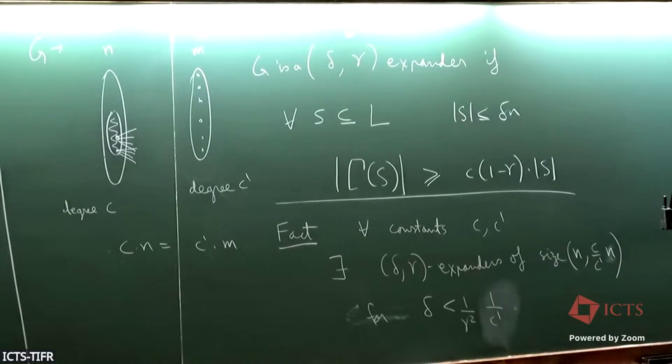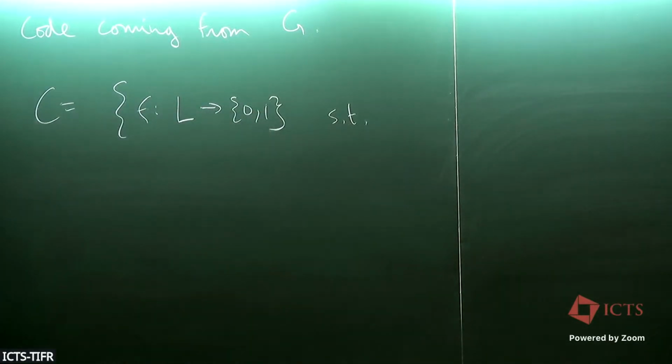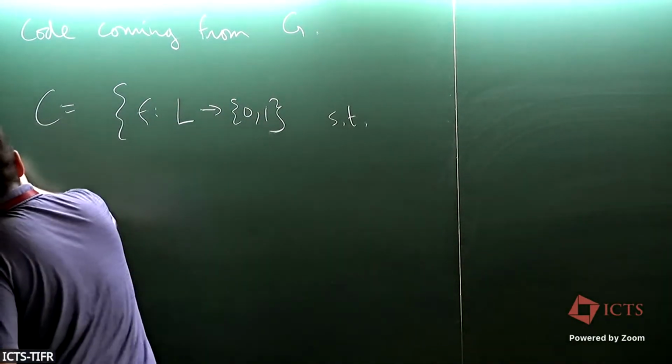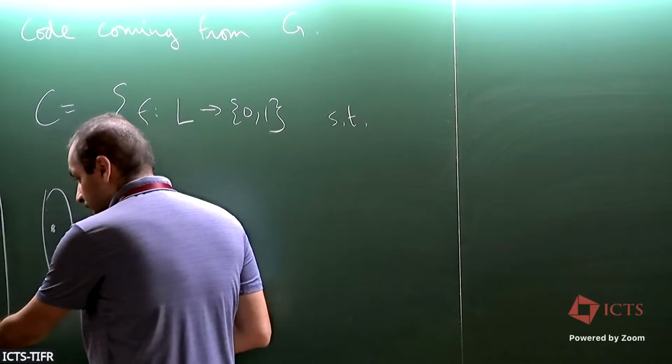Once we take these graphs, I'm going to define a code coming from it. So this is the code coming from G. The code words are going to be functions on the left. So the code itself is functions from the left-hand side to {0,1}, such that, yes, I'll do it again here. We will have zeros and ones written on this side.